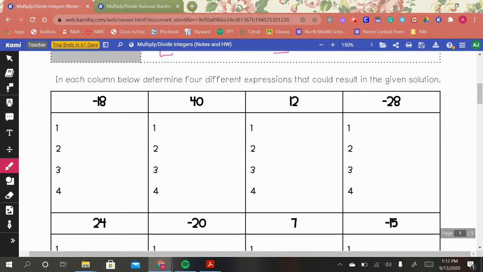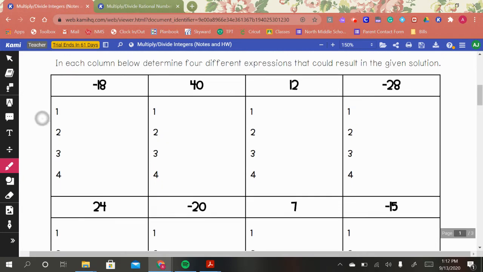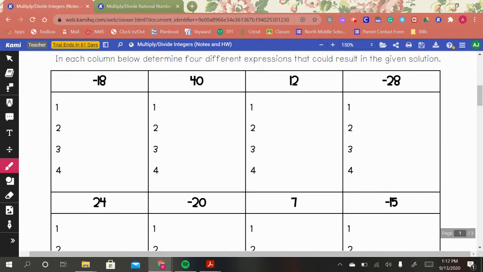So if you would like time to work on these on your own to kind of get an idea, then feel free to pause the video, write in some of your own expressions, and then hop back on and check and see if you have any that match. If you are unsure, watch the first couple and then you can hop on and check yours as well.